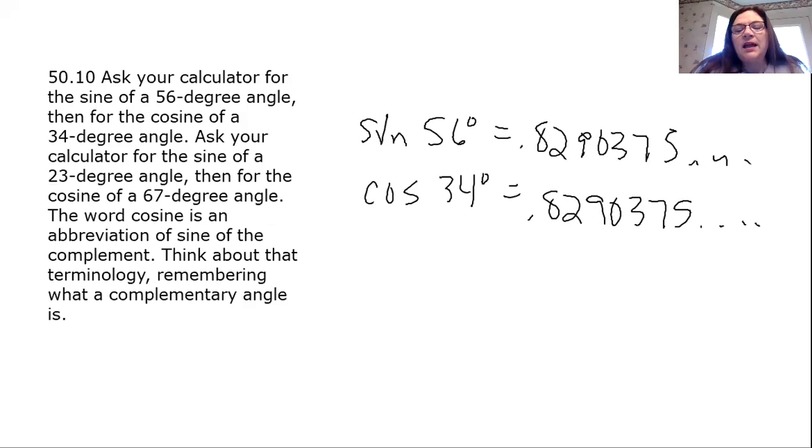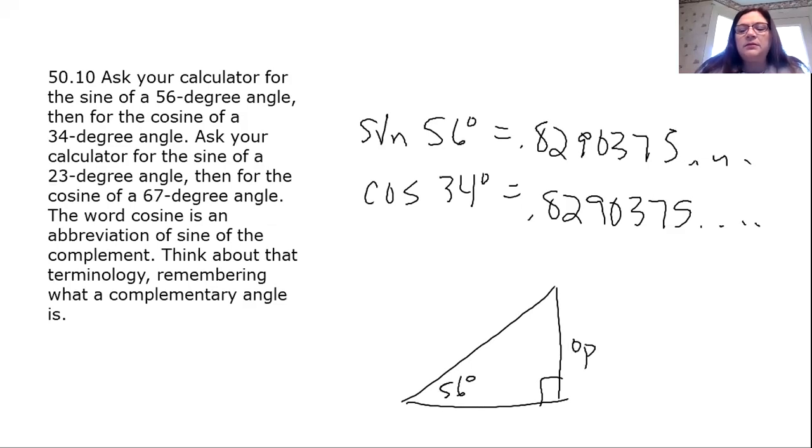How can I take the sine of something and the cosine of something else and get the same number? Does that make sense? Well, how are these two related? If I have a right triangle, and I have a 56-degree angle here, and I want to know its sine, that's opposite over hypotenuse, right?